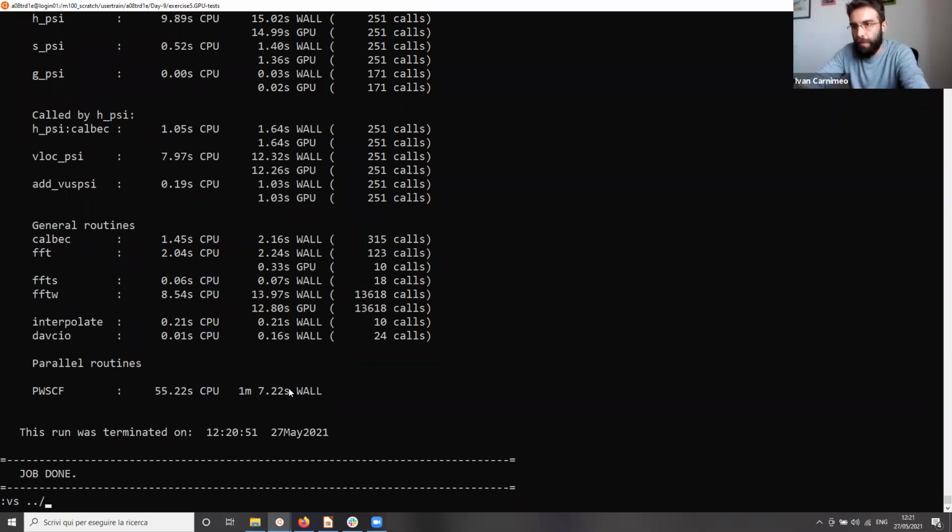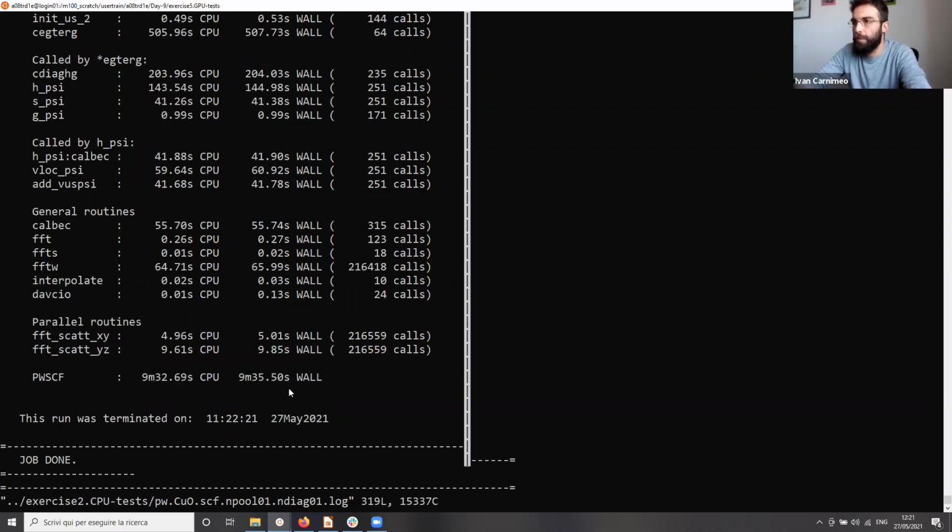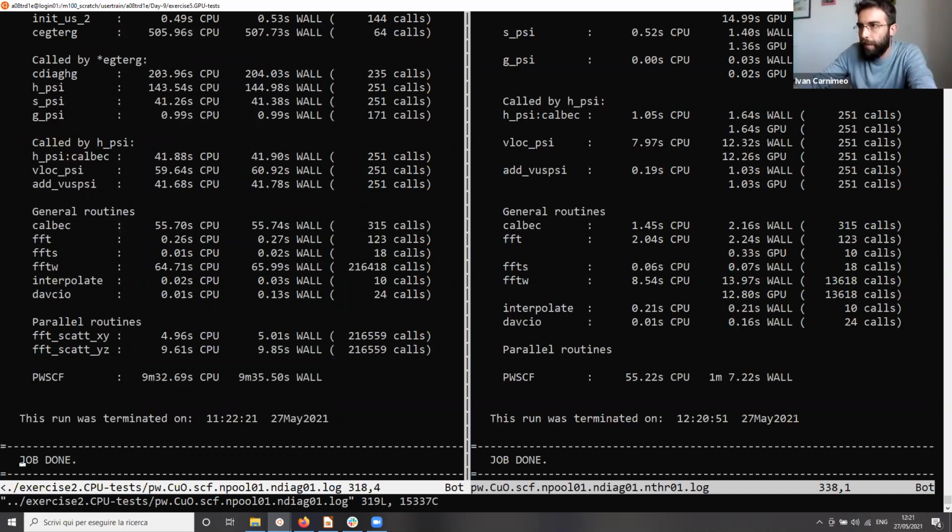Let me open the other one here also. It was exercise 2, and yes, it was this one. So on the left you have the CPU test, and on the right exactly the same calculation run with GPU.